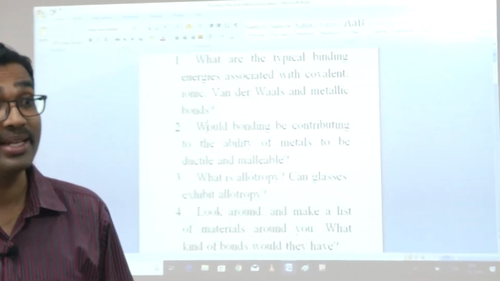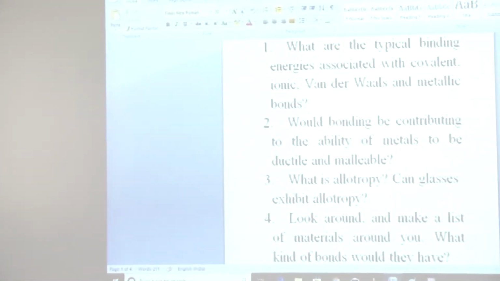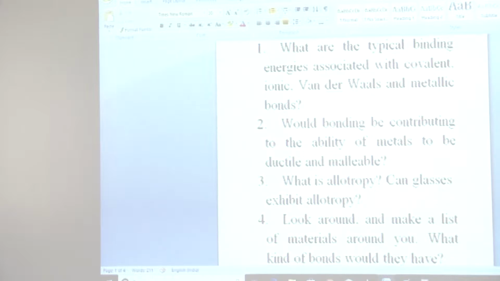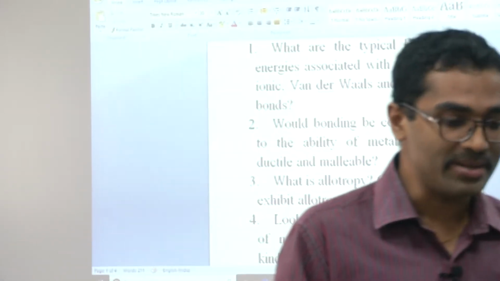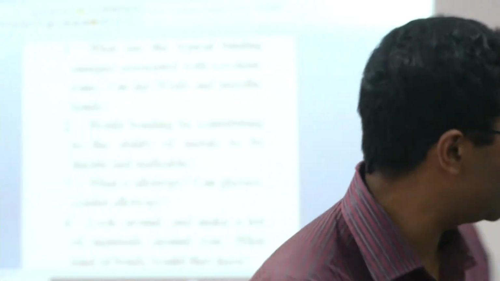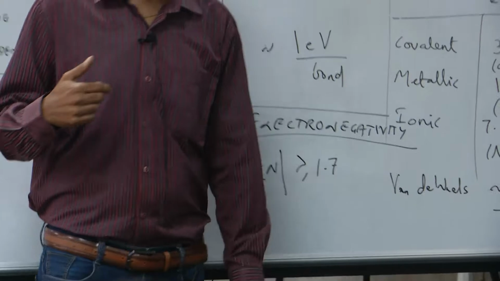So the nature of bonding does influence properties. And in the last class, I also showed you some data of silicon carbide, gallium nitride, etc. Did you notice that the band gaps are very different? There is a very interesting relationship between electronegativity differences, which I have written here, and band gaps, the way I showed you in the data.